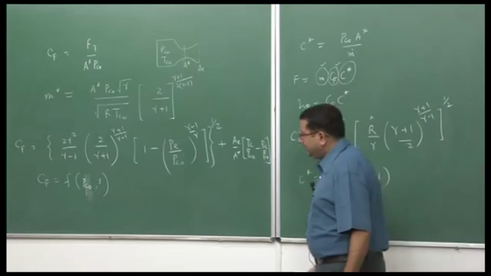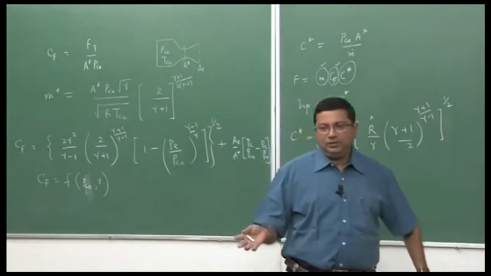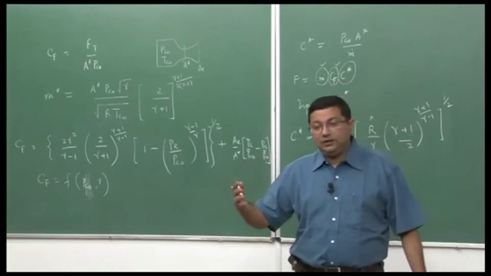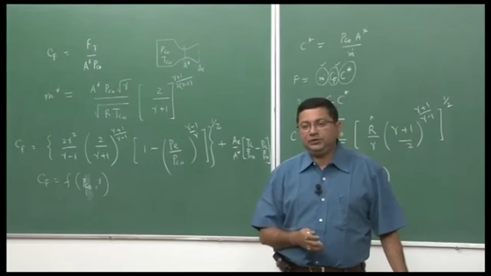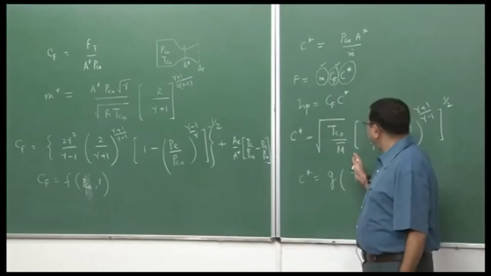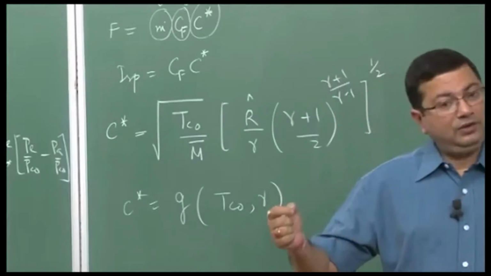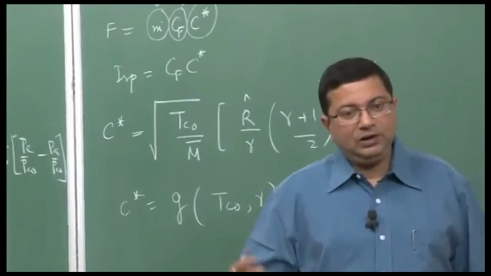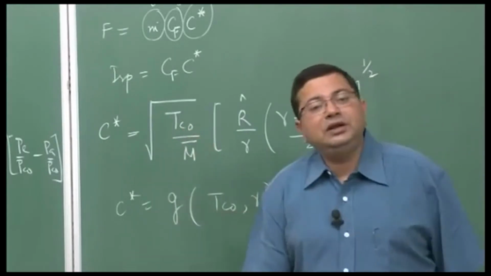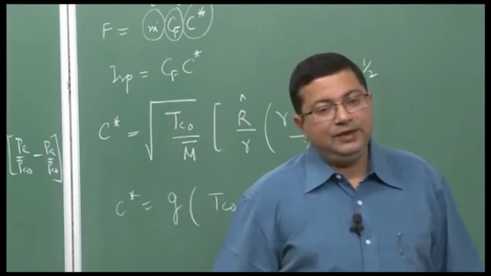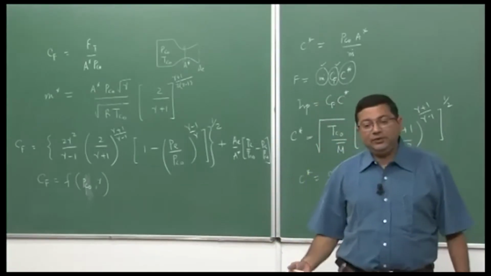However, there is a limit to P C naught. First of all, the structure puts a limit, because that will be the force exerted on the wall of the rocket by the gases. Secondly, if the temperature is very high, there is a possibility of thermal defects on the wall, and you need a lot of cooling, etc. Very high temperature will also lead to dissociation of the gases, and when the gases start to dissociate, gamma is going to change, which is something we do not want.